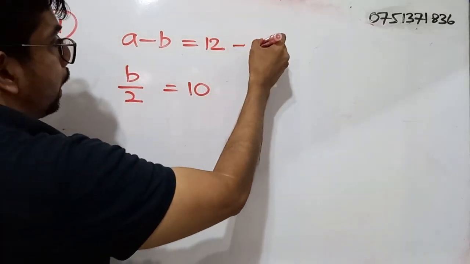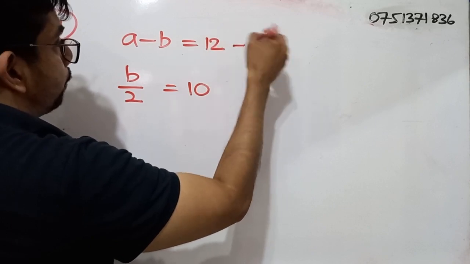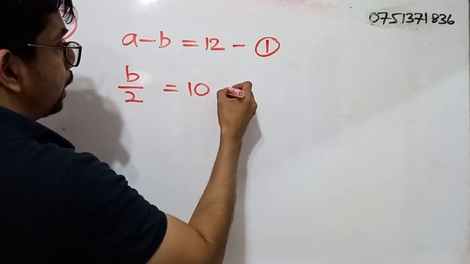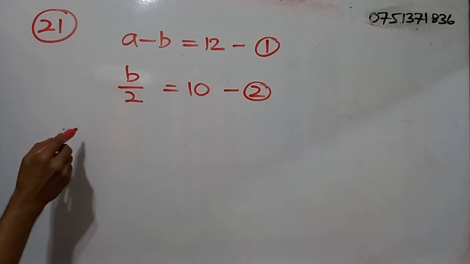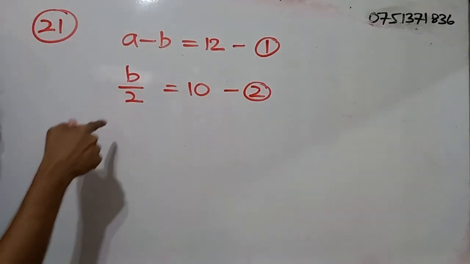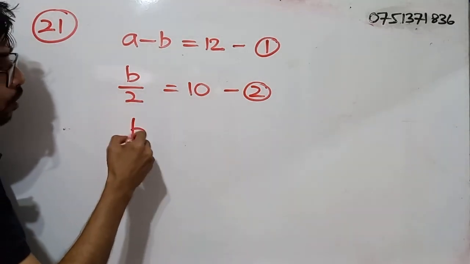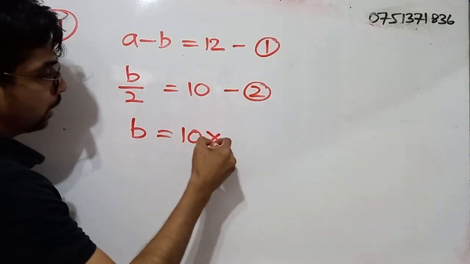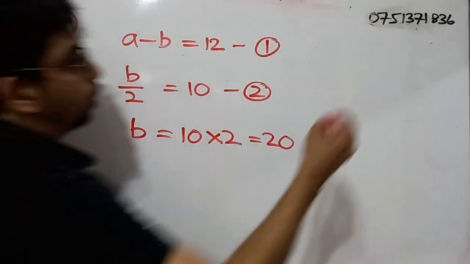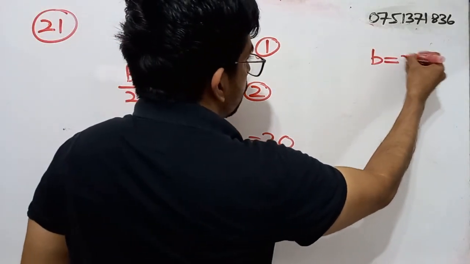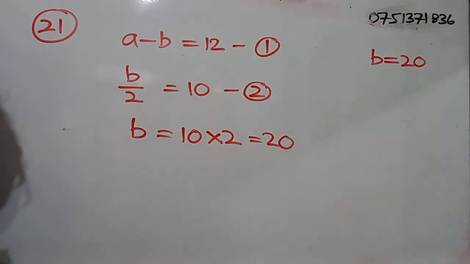So I will name the first equation as 1 and the second equation as 2. Right. So from the second equation we can get the value for b as what? 10 into 2, which is 20. So the value of b is equal to 20.